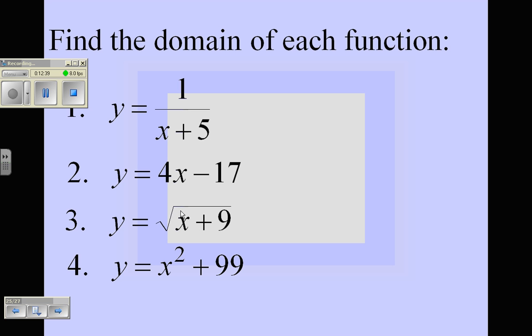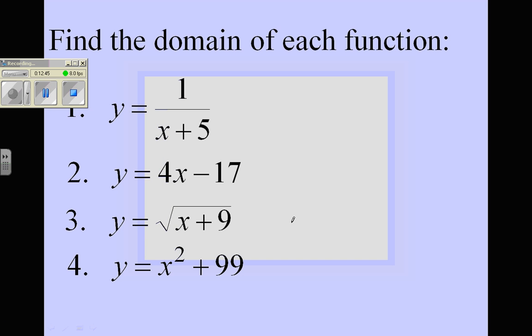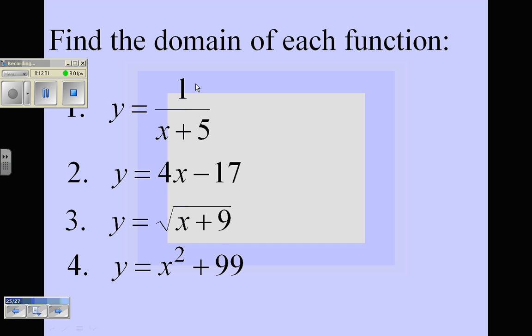Anything under the square root must be positive. So for this problem, we're going to say that x plus 9 has to be greater than or equal to 0. If we solve that, x has to be greater than or equal to negative 9. And for the fourth one, it's not rule number 1 because it's not a fraction, and it's not rule number 2 because it's not a square root. It's just a nice parabola, so it's going to be all real numbers as well.